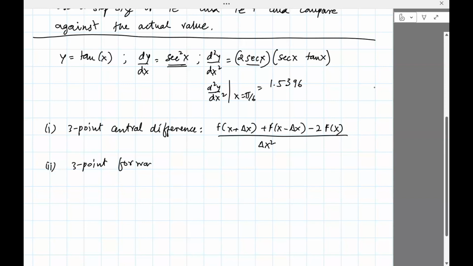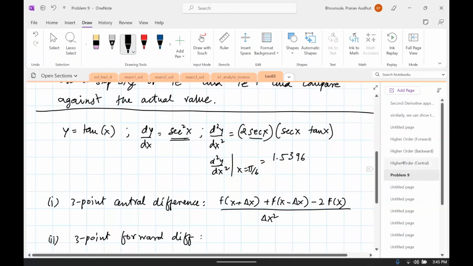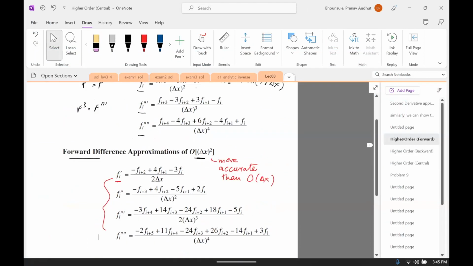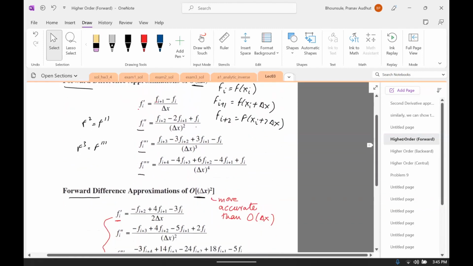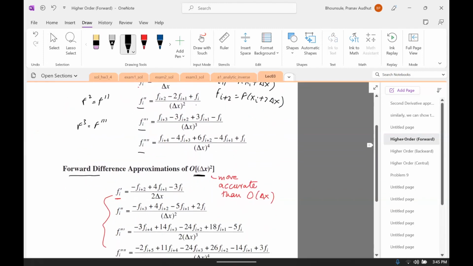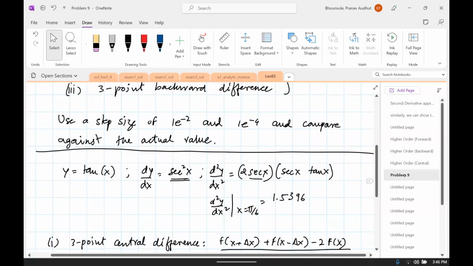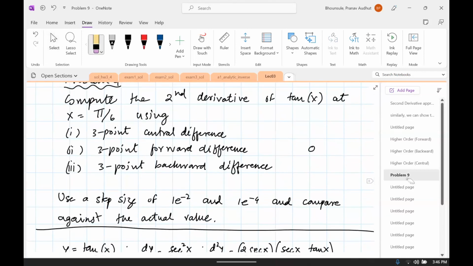Okay, the next one in the list is 3-point forward difference. So again, we go back to this. Well, sorry, we are in forward difference. Forward difference, we're looking at order of delta x squared. In my notes, I should have put this better.